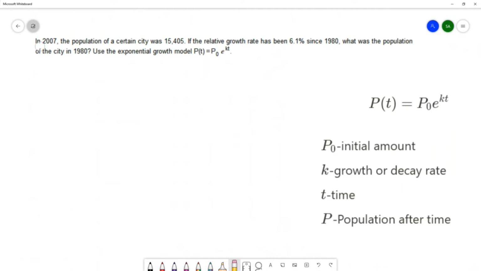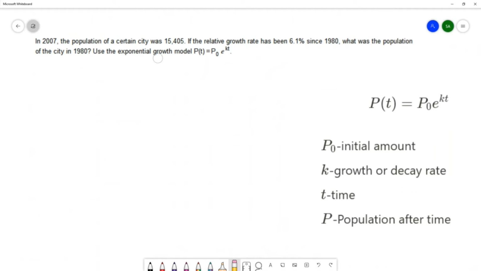For this question, we have a word problem related to population growth. In 2007, the population of a certain city was 15,405. If the relative growth rate has been 6.1% since 1980, what was the population of the city in 1980?